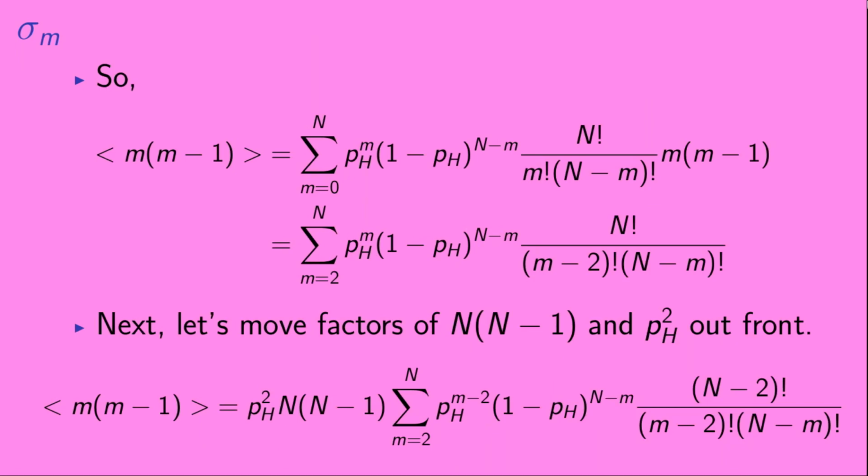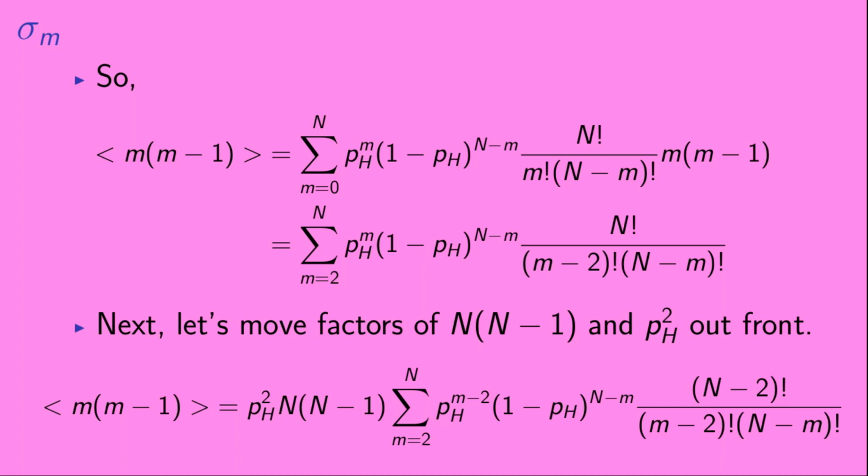Okay, so we take our previous expression for the mean value of m times m minus 1, and we take the factors of m minus 1 in the expression and cancel them with factors in m factorial in the denominator. That gives us m minus 2 factorial in the denominator, and instead of taking the sum from m equals 0 to n, now we take it from m equals 2 to n.